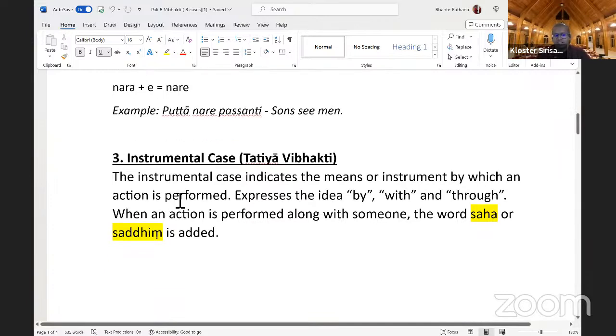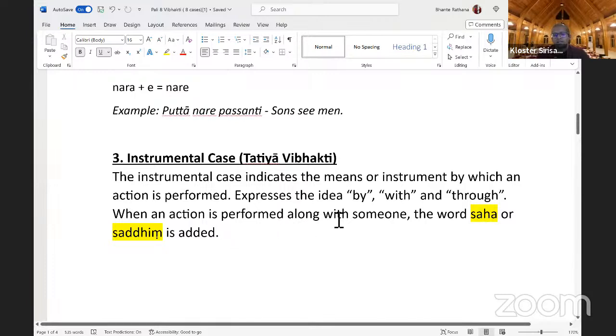The third one is the instrumental case, called Tatiya Vibhakti in Pali. Tatiya is three. The instrumental case indicates the means or instrument by which an action is performed. It expresses the idea of by, with, and through. When an action is performed along with someone, the word saha or saddhim is added.